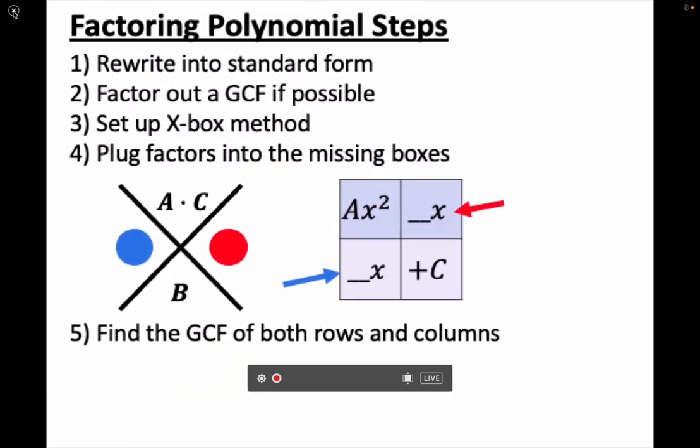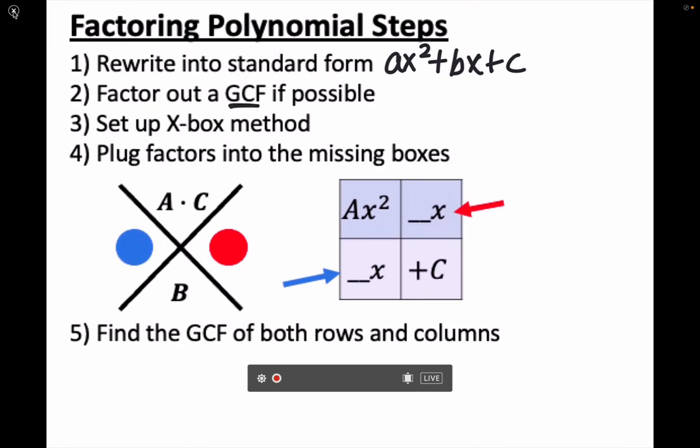And when we do this, we're looking at this. We're going to start with when A is 1, just a cross puzzle. And then tomorrow, when we have a number for A, we will do something called the snowflake. So the steps, just so you're aware, if it's not in standard form, again, ax squared plus bx plus c, if it's not like that, you need to make sure it is.